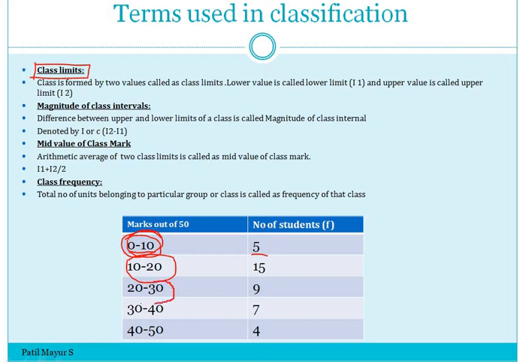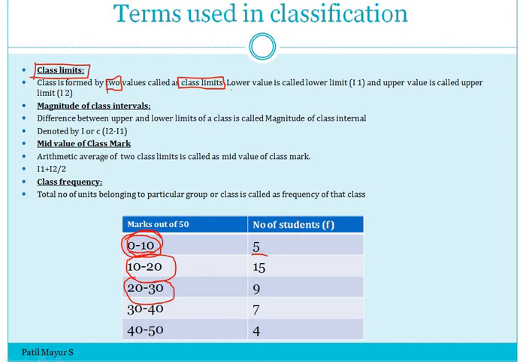Similarly 20 to 30 is a class, and likewise. The class is formed by two values. Those values are known as class limits.